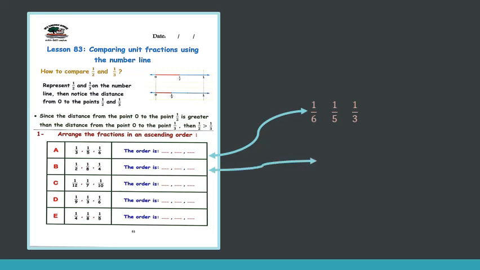Yes, I will write at first 1 over 8 and 1 over 4 and 1 over 2. The number C, 1 over 12 and 1 over 7 and 1 over 10. Yes, 1 over 12, after that 1 over 10 and 1 over 7.